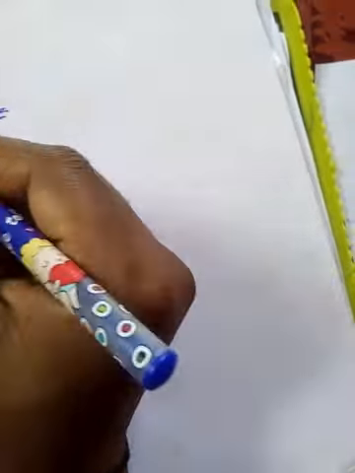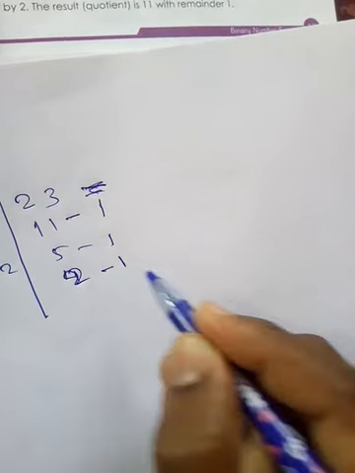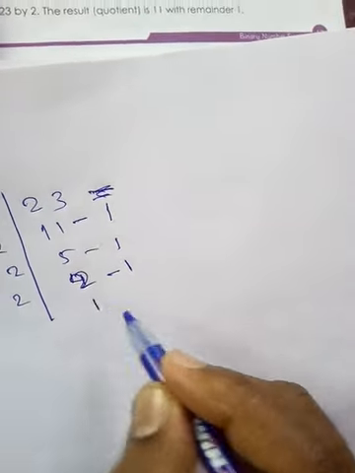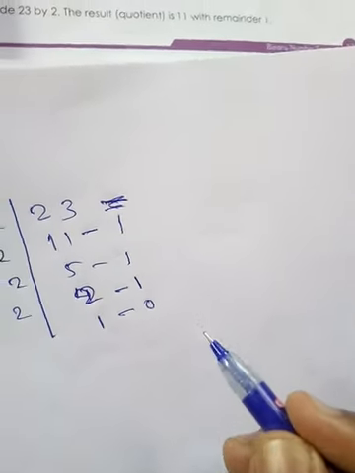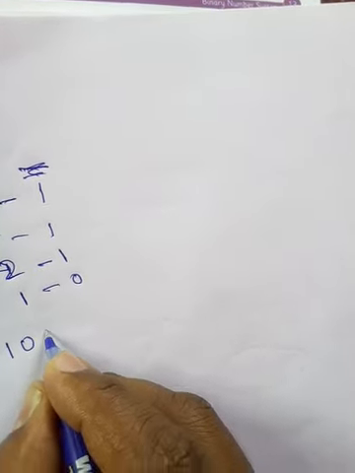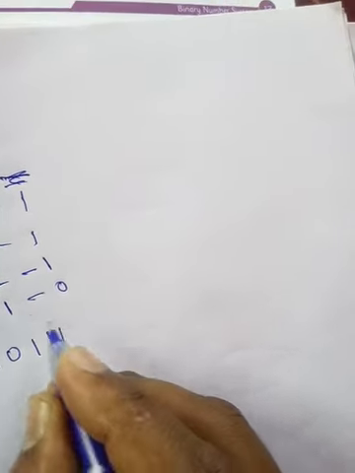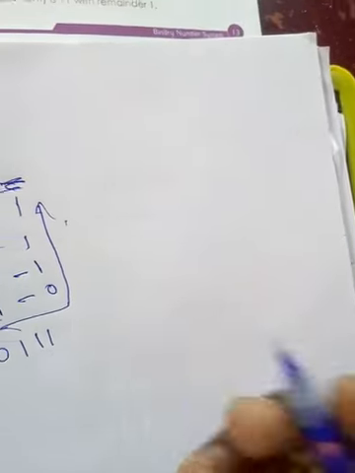Then 2 2s are 4, remaining is 1. And 2 1s are 2, remaining is 0. So the representation of 23 is 10111. You can see here, this is the representation of 23.